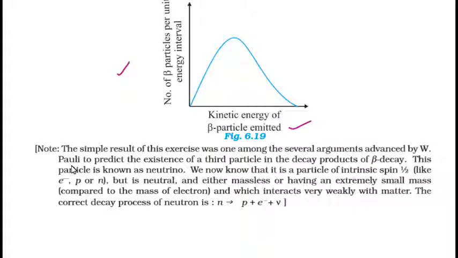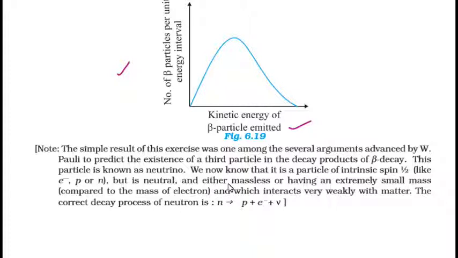Note the simple result of this exercise was one among the several arguments advanced by W. Pauli to predict the existence of a third particle in the decay products of beta decay. This particle is known as neutrino.